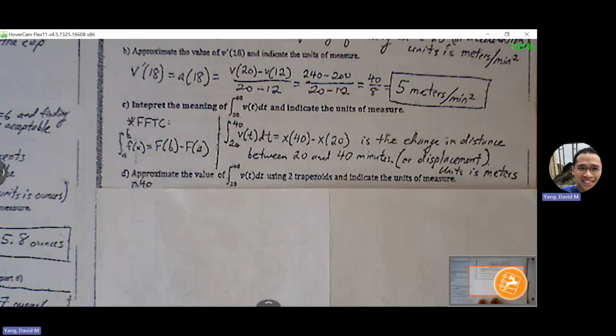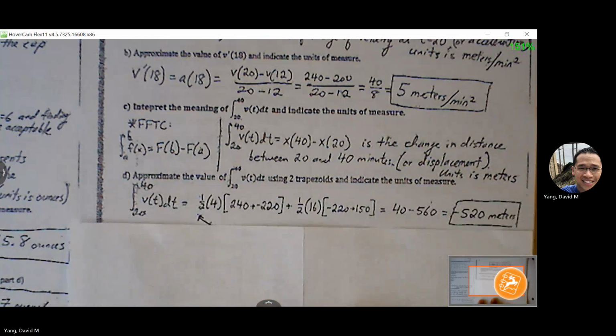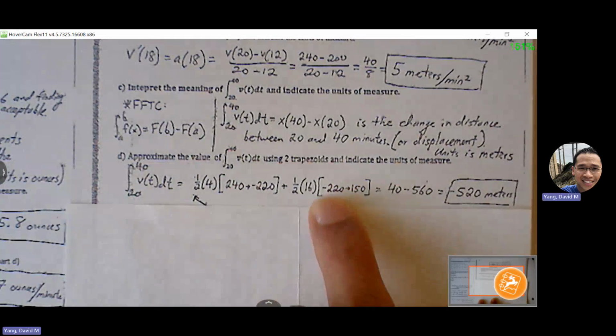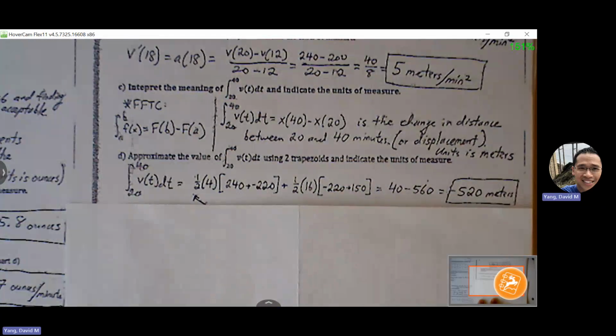Okay, approximate the value using trapezoids. So width over 2, height 1 plus height 2. If you get a negative value, keep it. It's okay to have a negative displacement.